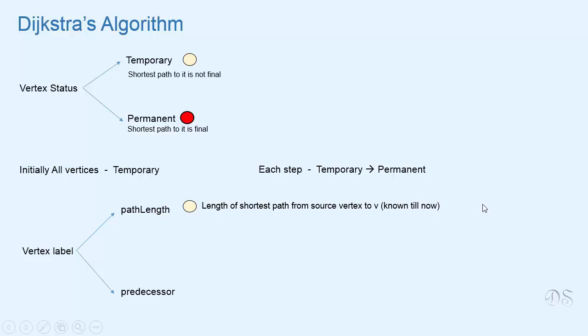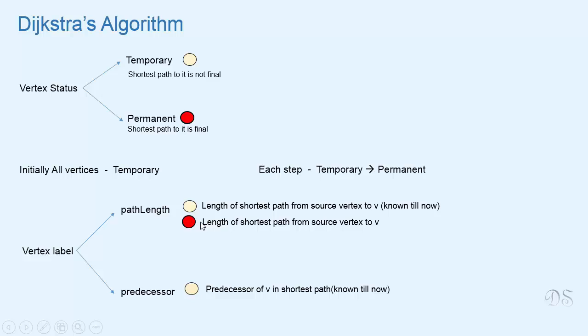As the algorithm proceeds, we might get a better path from the source vertex to vertex v, and in that case we'll change the value of this path length. Now, the predecessor of a temporary vertex denotes the predecessor of v in the shortest path known till now. For a permanent vertex, the path length denotes the length of the shortest path from the source vertex to v, and the predecessor denotes the predecessor of v in the shortest path.